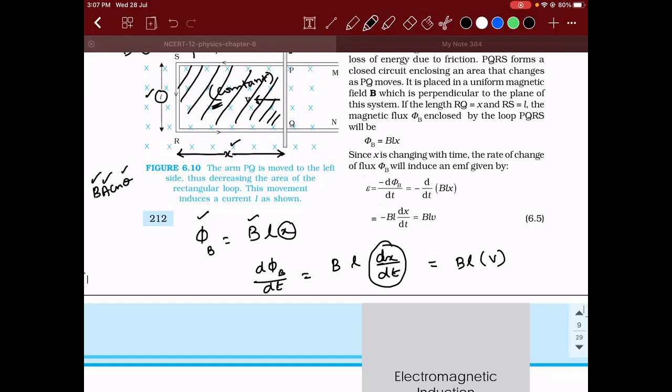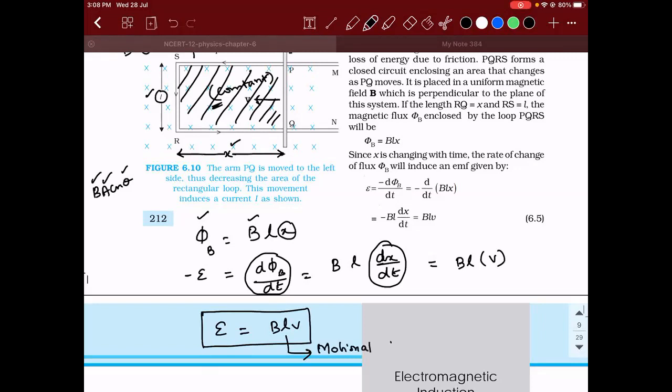Then, according to Faraday's law, d phi by dt is equal to the negative of EMF. So EMF is equal to BLv. Is it clear, guys? If I take only the magnitude, EMF is equal to BLv, and this value is what is called the motional EMF.